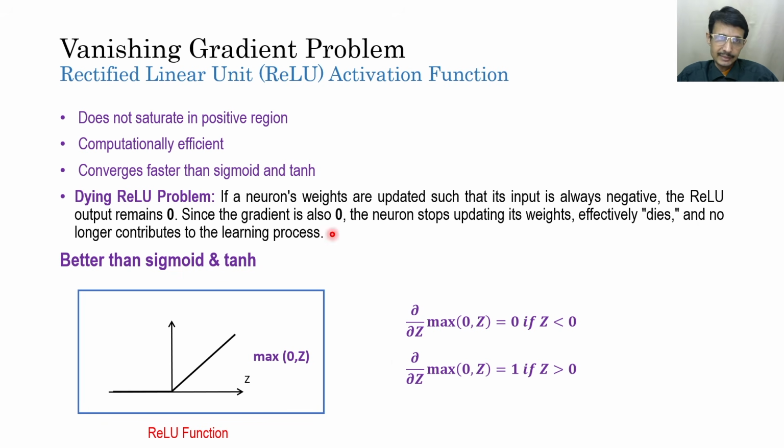But it has this dying ReLU problem. So this is one of the activation functions that people use in deeper structures, and some improvement has been done on the case of ReLU.